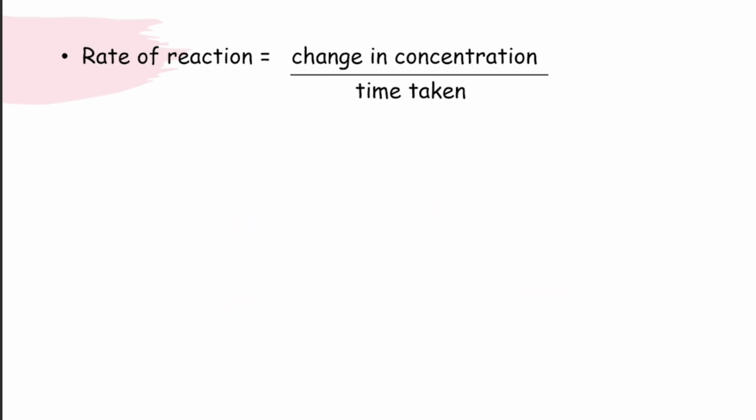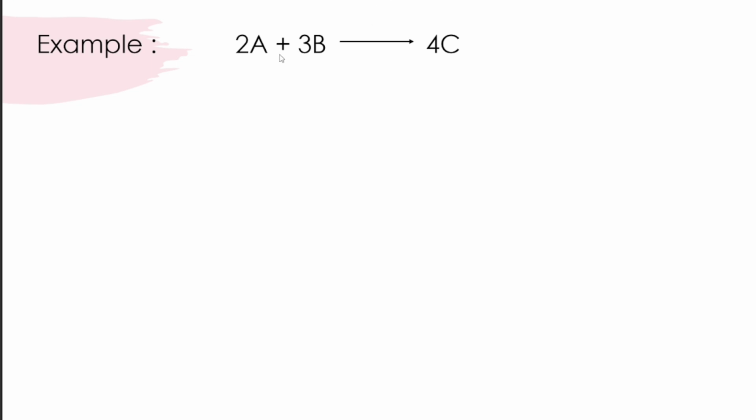Now let's proceed to write the rate expression for this reaction: 2A plus 3B gives 4C. Here the numbers 2, 3, 4 are known as stoichiometric coefficients.